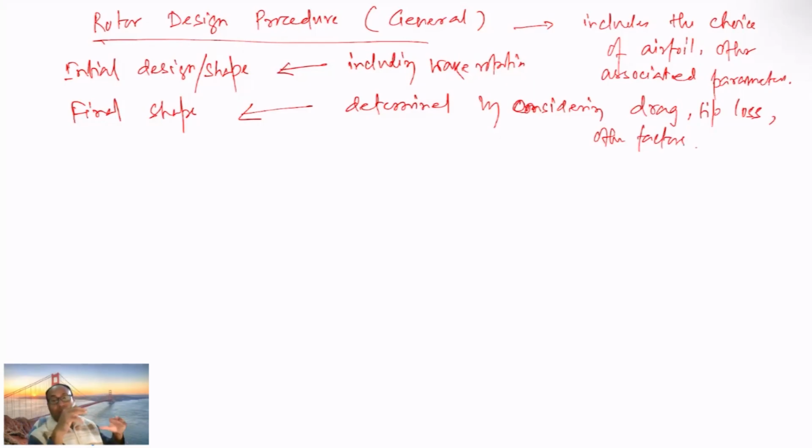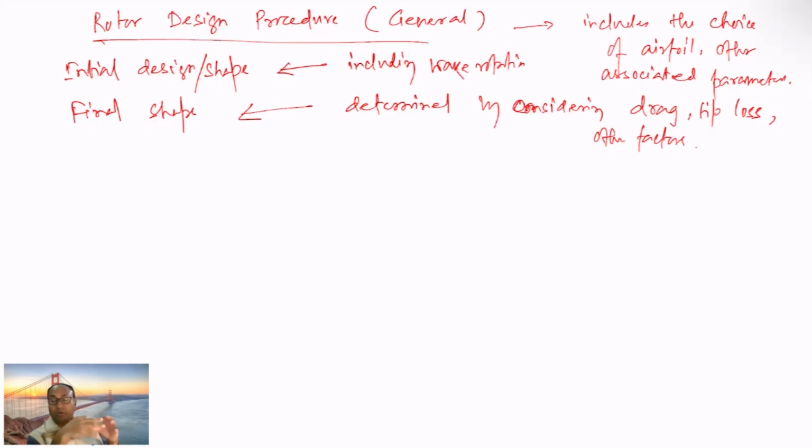So the idea here is that you start with some initial shape of the blade, which you determine by considering the equations that we have obtained. But obviously, you consider the wake rotation. And then when you move on to really optimize, the final shape you can optimize or design iteratively.